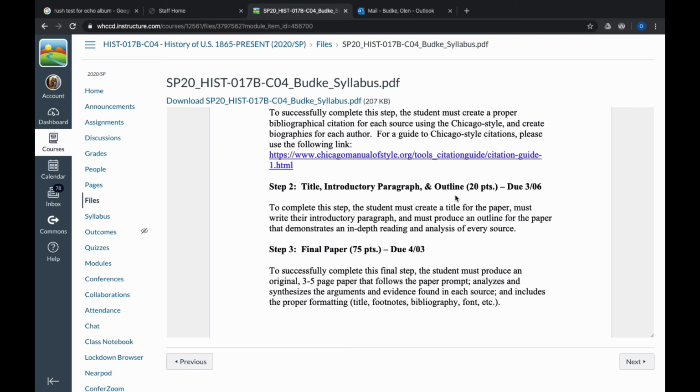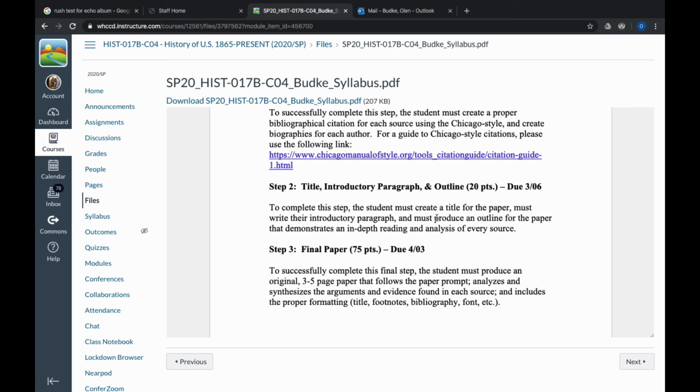Okay, I'll talk about that in a little more depth here. And you will need to have started your paper, the introductory paragraph. So you have one written paragraph, your intro paragraph, and an outline for all of your subsequent paragraphs that have notes pertaining to the sources to answer these different questions that you'll find in your topic's prompt.